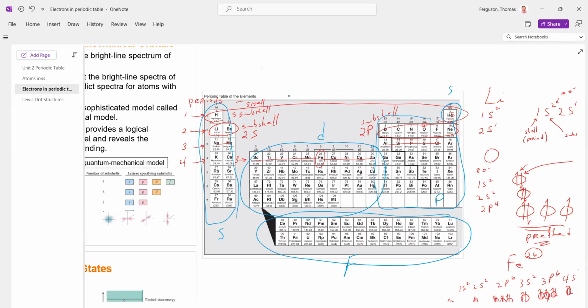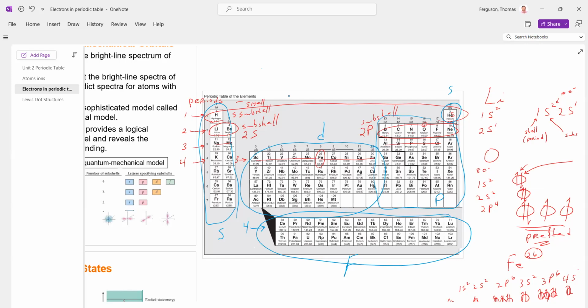Now you're going to go into these in 1A, 3A, and possibly 2A. For sure in 1A and 3A. And these, interestingly, are 2 down. So these guys, the first row of the F's is shell number 4.